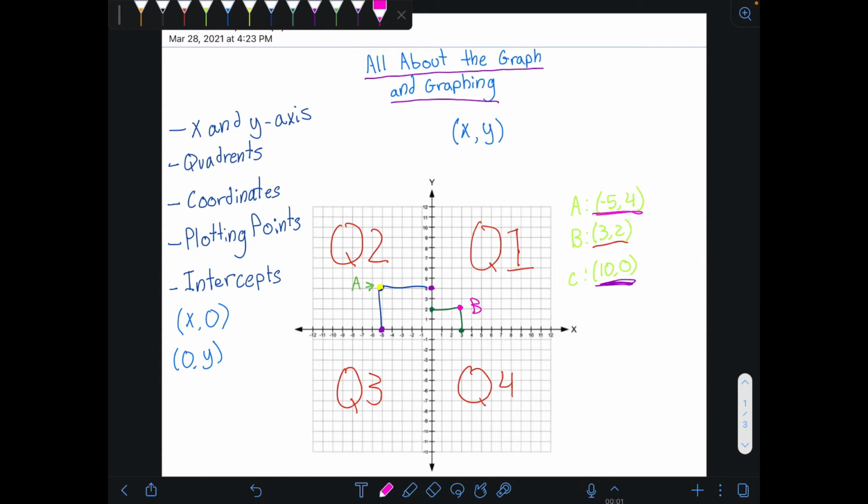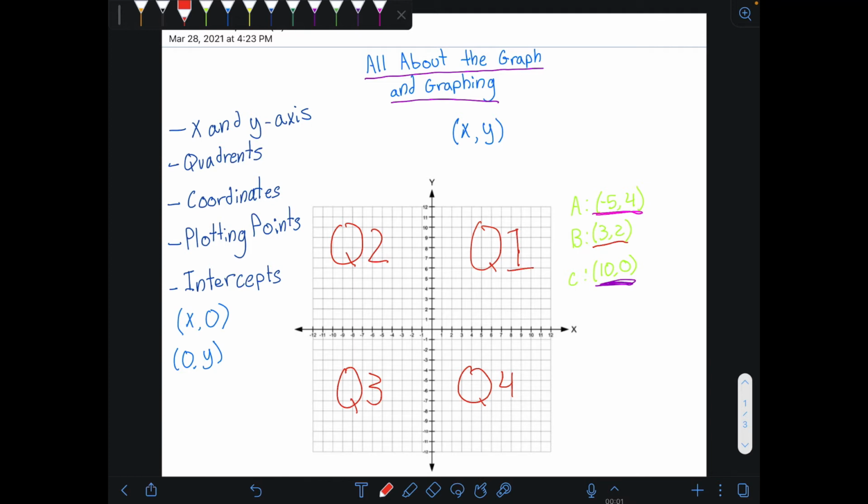Okay, now it's also important to know where the values will be positive and positive, or negative and negative, negative and positive, or positive and negative.